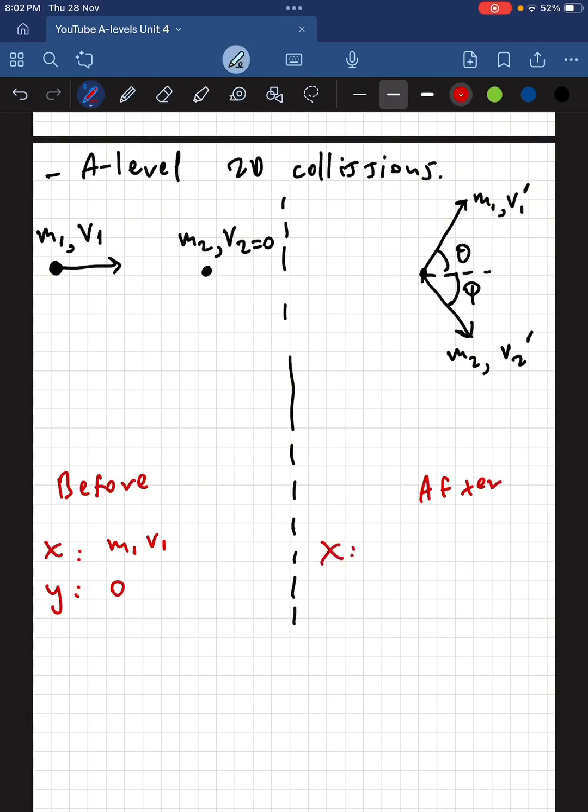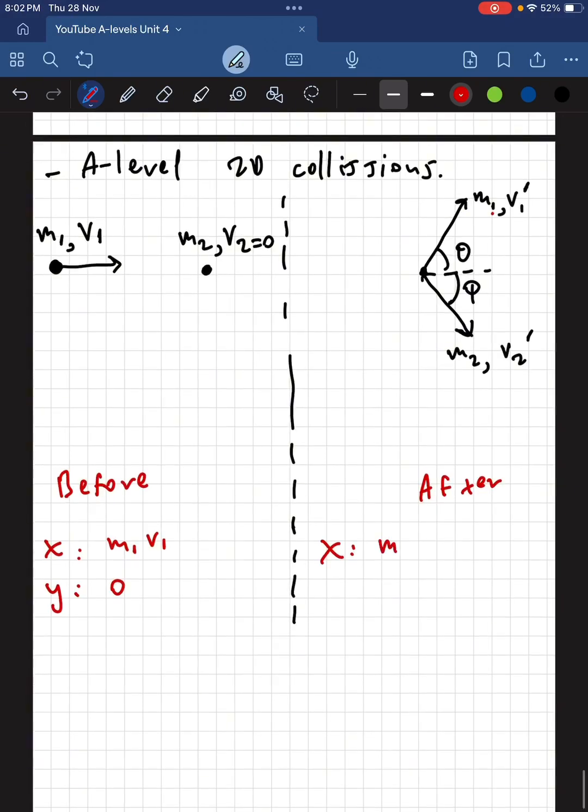In the x direction, we have components from both this mass and this mass. So what is the x component of the momentum for mass m1? It's going to be m1 v1 prime cosine theta, because this component of the momentum touches this angle theta, as we said earlier.